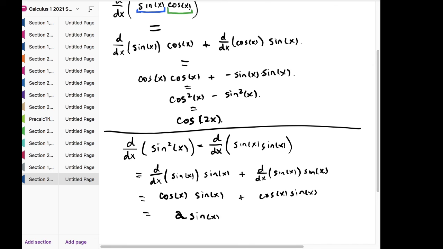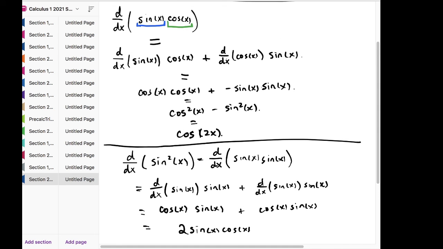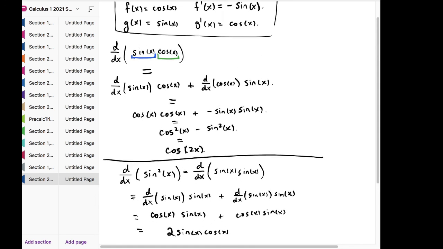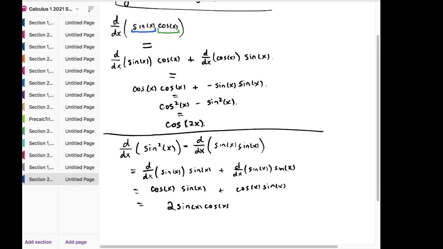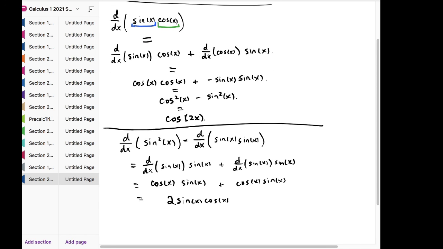Anyone know what 2 sine cosine is? Yes, this is sine 2x. All right, cool.